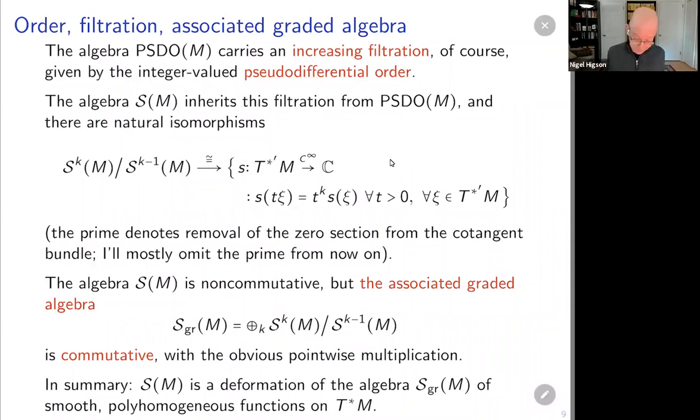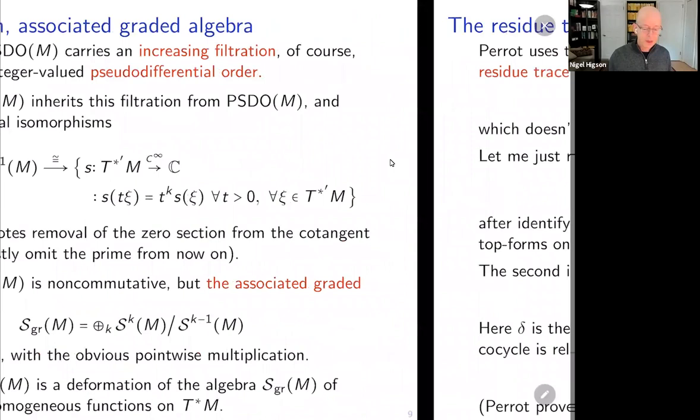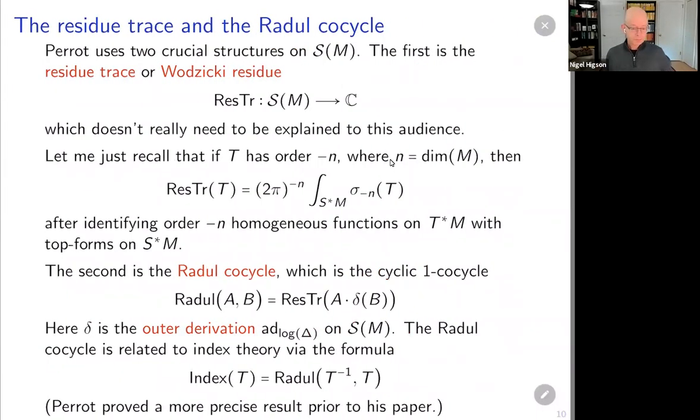So I shall work on the easy commutative algebra, where nevertheless most of Perrot's calculations live, and the full story requires lifting to pseudodifferential symbols. But most of the work, and I think a reasonable introduction to the paper, can be carried out just on this degeneration, this commutative algebra. All right.